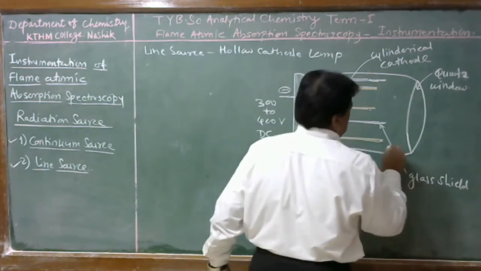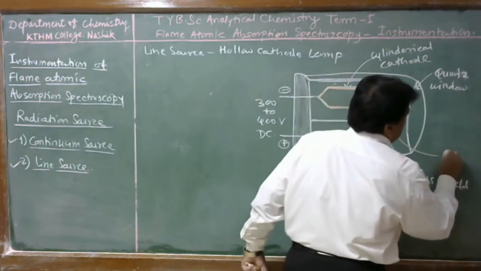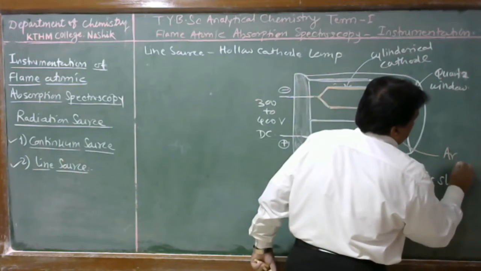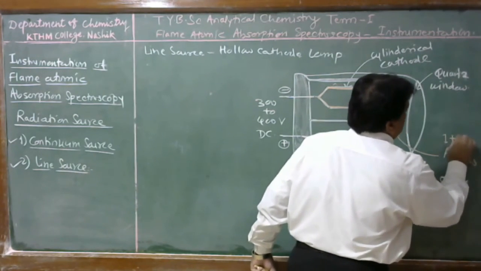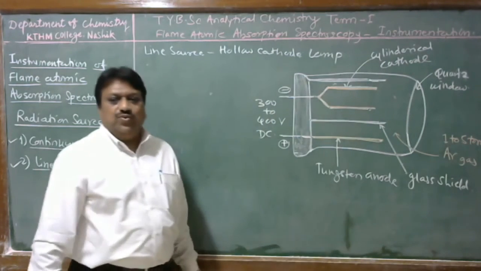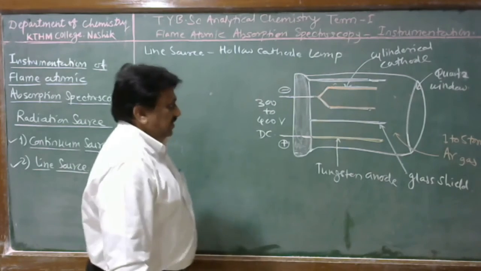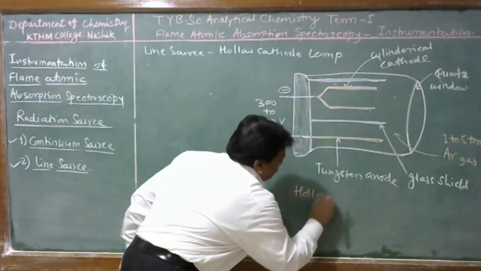Inside this glass tube there is argon or neon gas of 1 to 5 torr pressure, that is 1 to 5 mm of Hg. This is the construction of hollow cathode lamp.